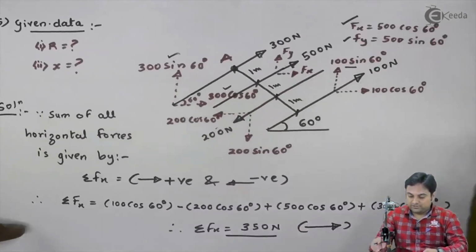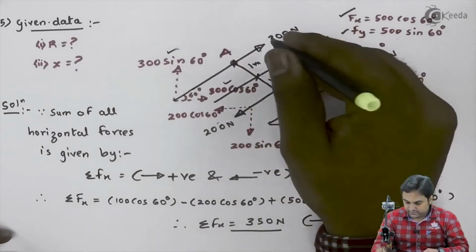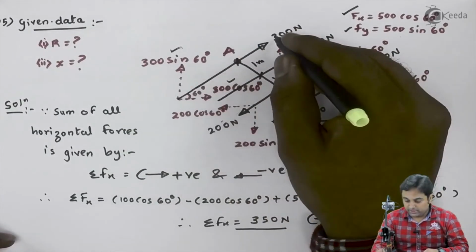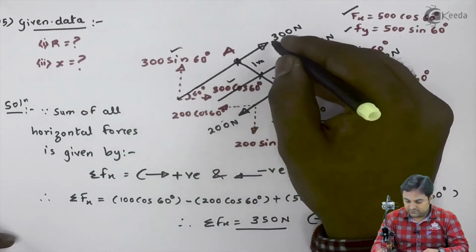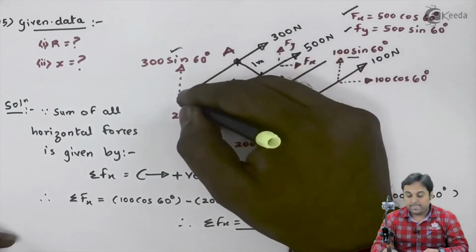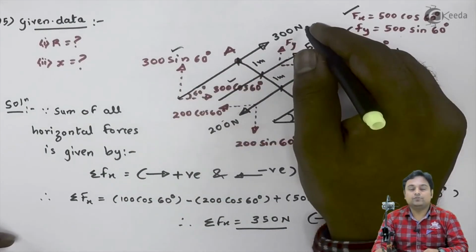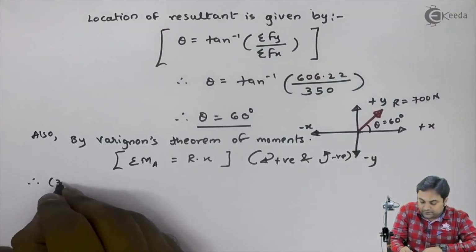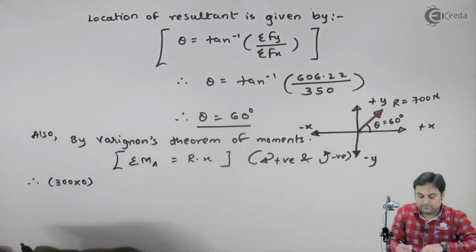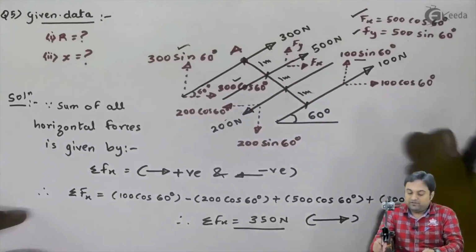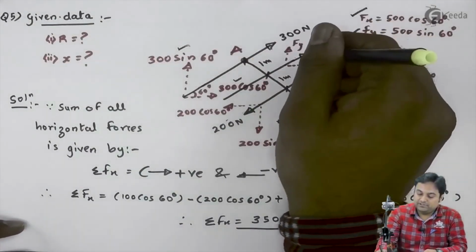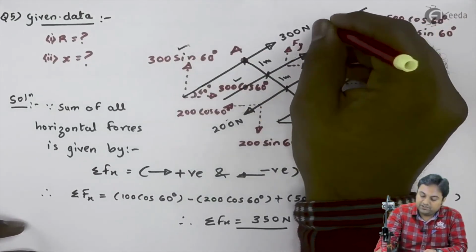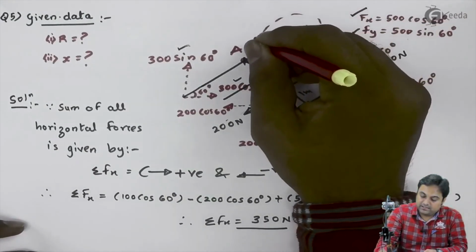if I calculate this at point A, since the first force is 300 Newton and it is passing through A, no perpendicular distance between 300 Newton and point A, so the moment of 300 Newton force would be 0. So at first I am getting 300 into 0. Next, 500 Newton force, if I take the moment at point A, it will be reaching in the anti-clock direction.